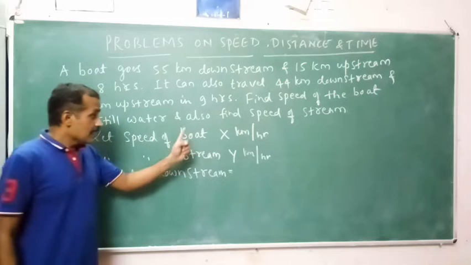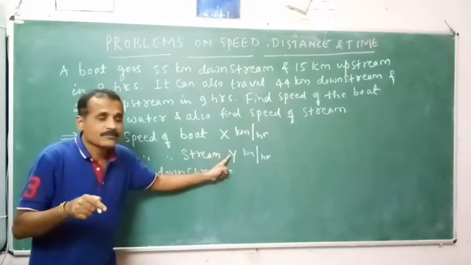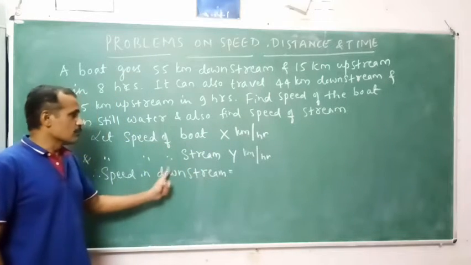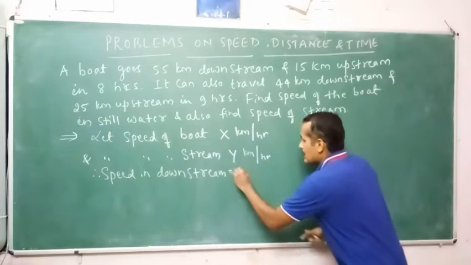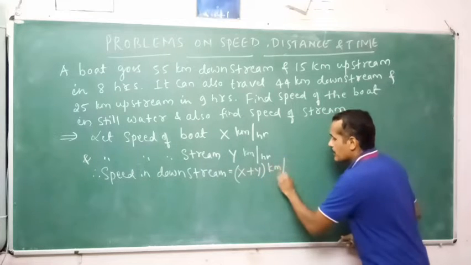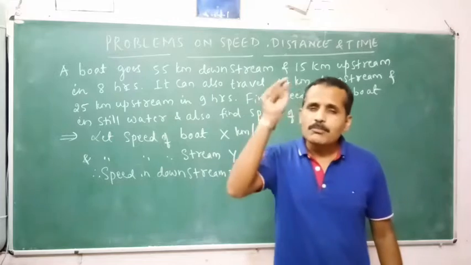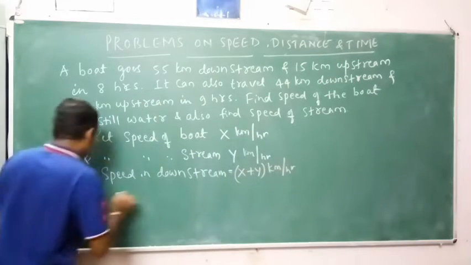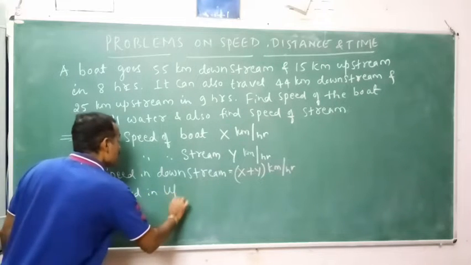Listen to me, students. This is the speed of the boat, this is the speed of the water. Both are in the same direction. In the downstream, both will be added up. This is x plus y km per hour. Keep in mind, downstream means both have to be added. Then I will write, therefore, speed in upstream.